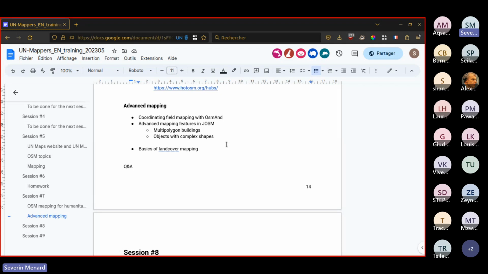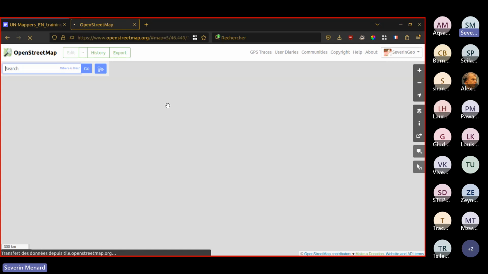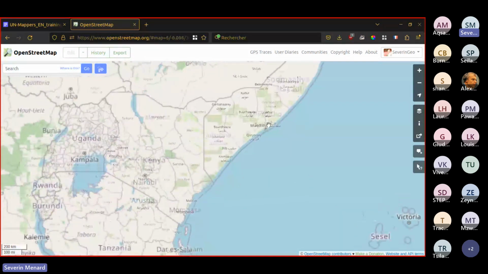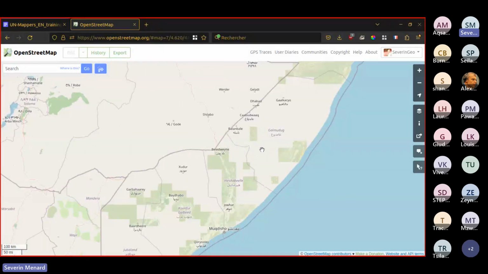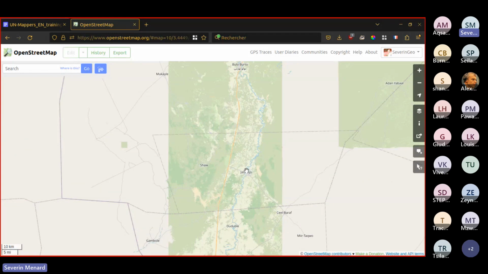And this will also introduce the basics of land cover mapping that my colleagues, the ones from the mapping team, are doing on a daily basis. Remember, I showed you on OpenStreetMap the areas of work of UN Maps, and you have all these very detailed areas, because basically all the land cover is mapped.